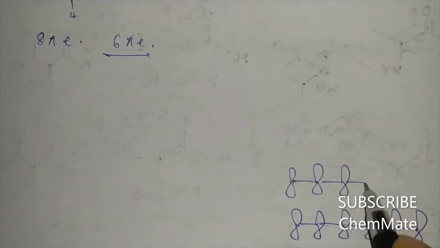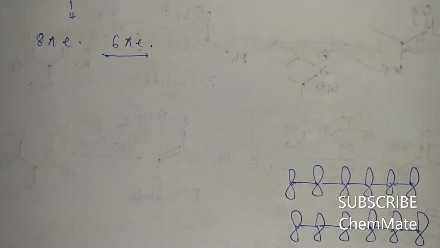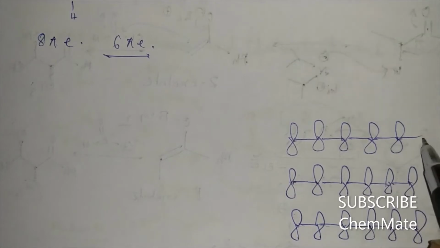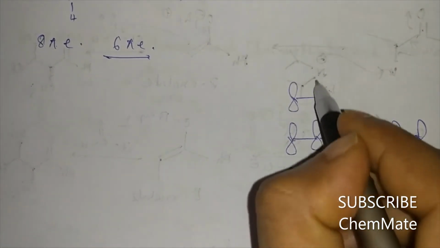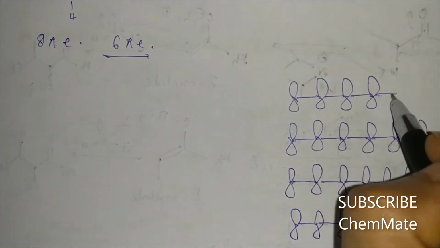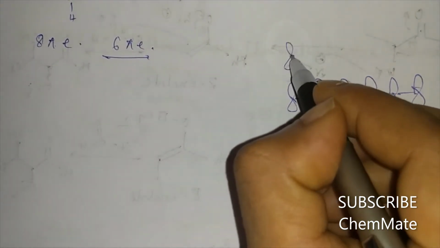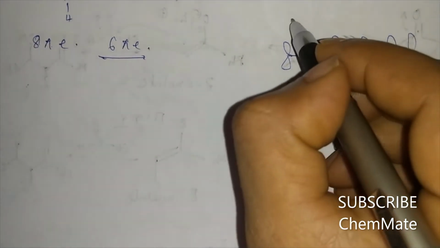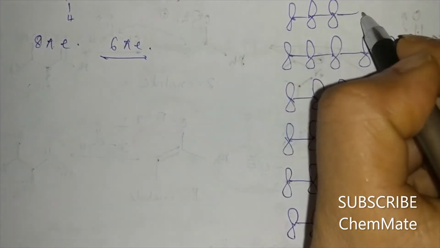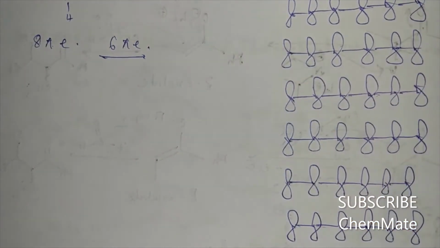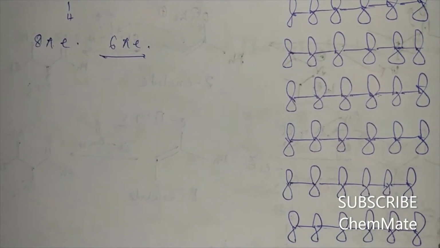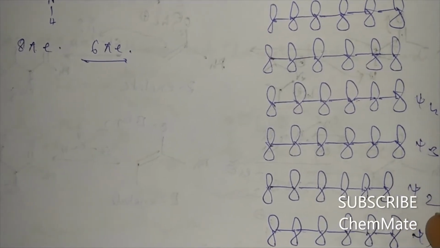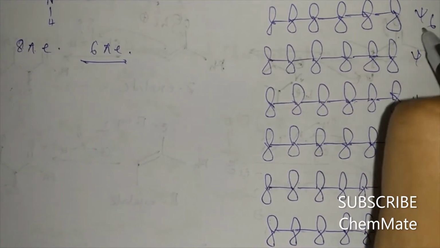There will be 6 molecular orbitals. We slowly construct these molecular orbitals, then we see the symmetry of these orbitals. So guys, these are psi 1, psi 2, psi 3, psi 4, psi 5, psi 6.